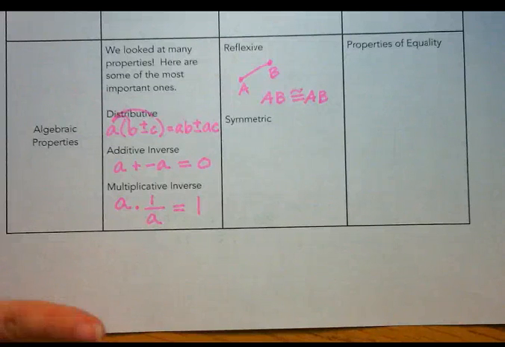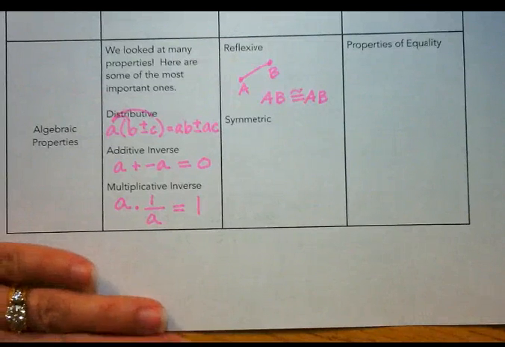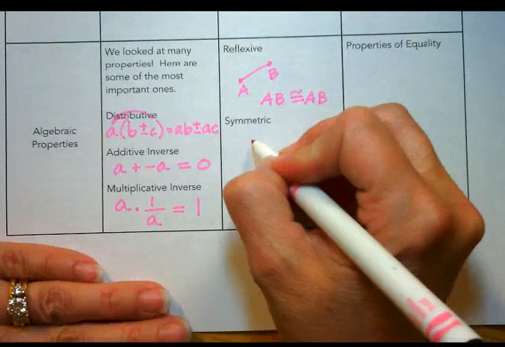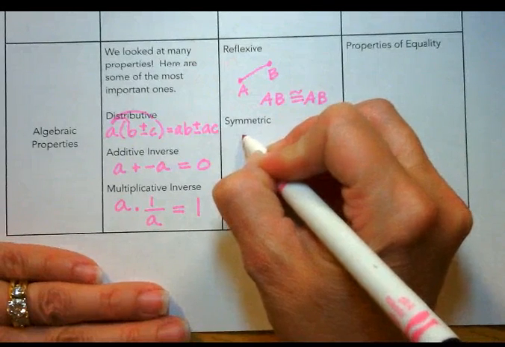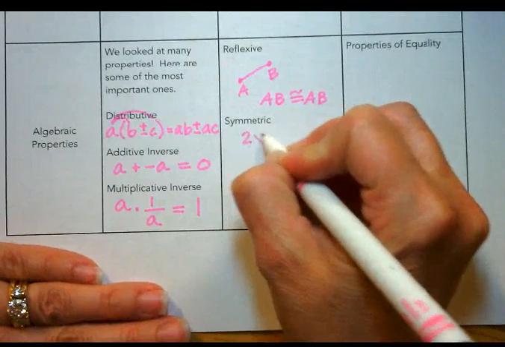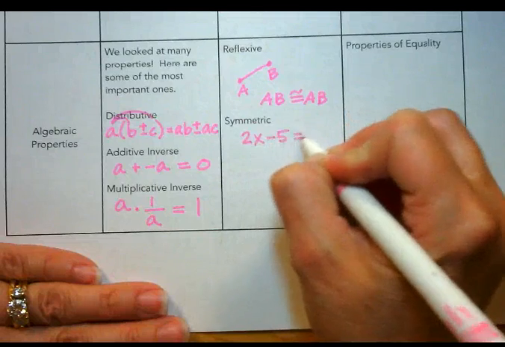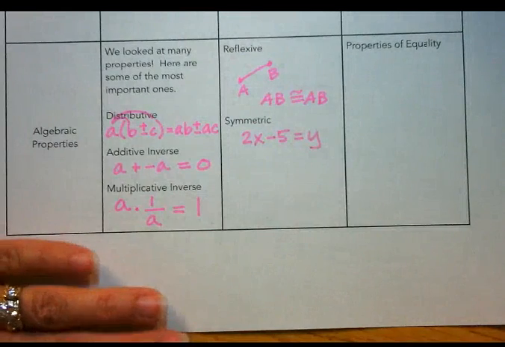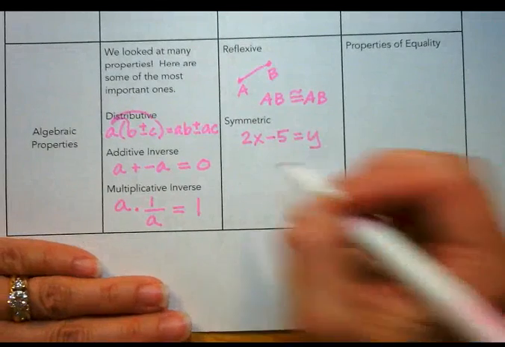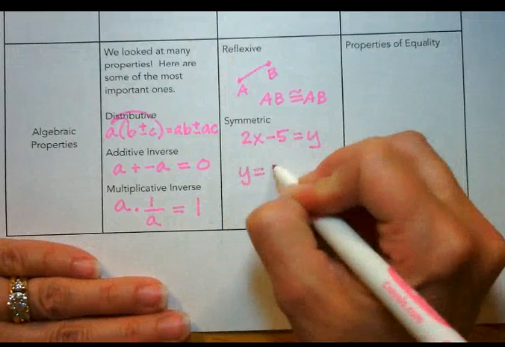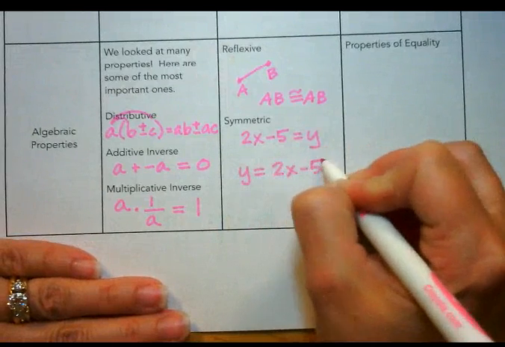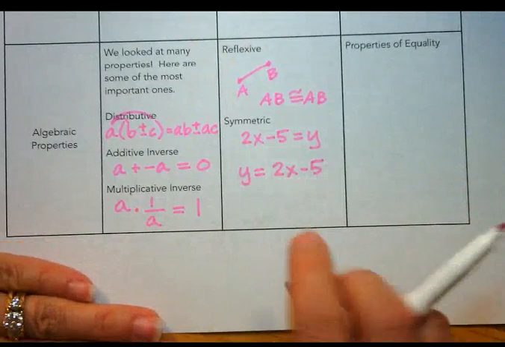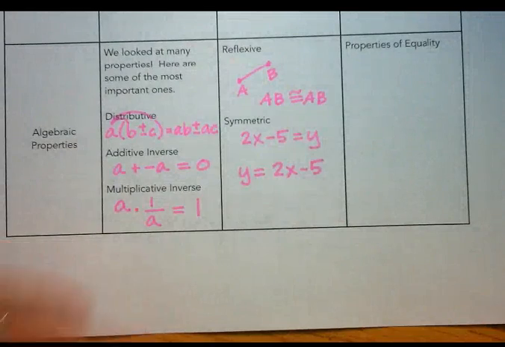Symmetric property is the one that allows us when we're solving a problem to switch sides. So sometimes you might end up with something like 2x minus 5 equals y, but when we say the formula for a linear equation, we say it's y equals mx plus b. So the symmetric property allows you to switch things on the equal sign.